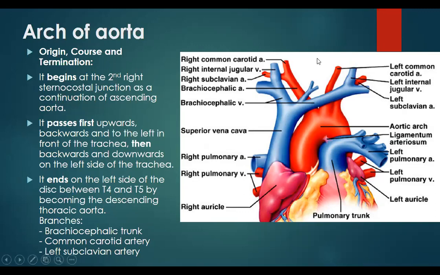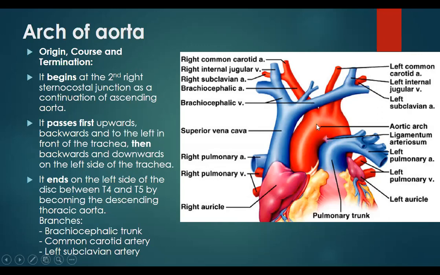So what about the right side? This is the brachiocephalic artery, which divides as soon as it begins. It divides into two arteries: the right subclavian and the right common carotid. Same as the left common carotid and left subclavian. Here, from the brachiocephalic artery, come the right subclavian as well as the right common carotid artery.